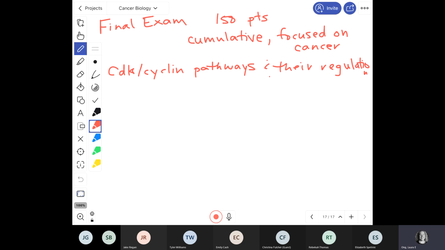That's going to be a big part of this exam. There are going to be questions about proto-oncogenes versus tumor suppressor genes for you to classify proteins in networks as they're doing one or the other.